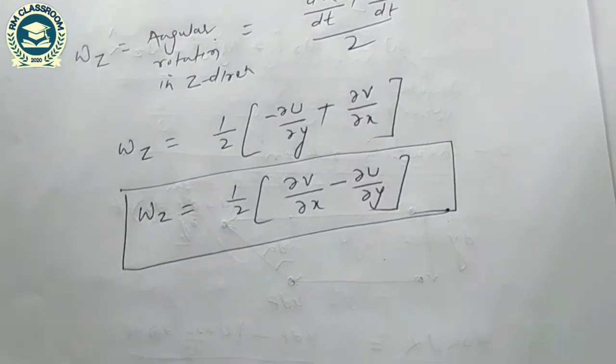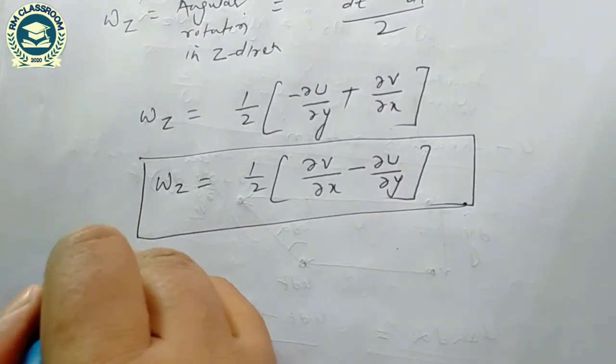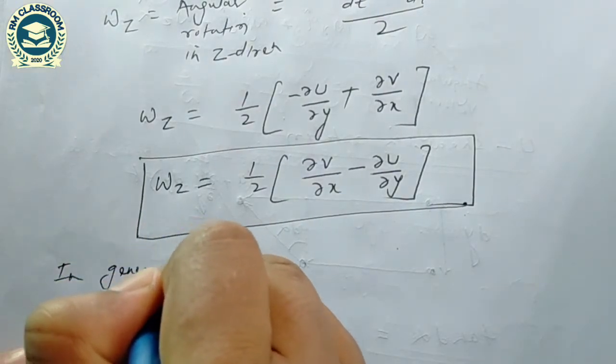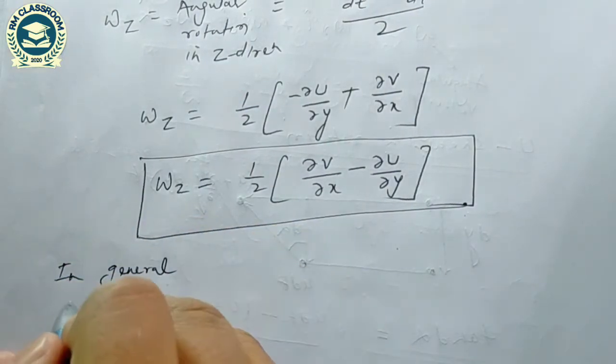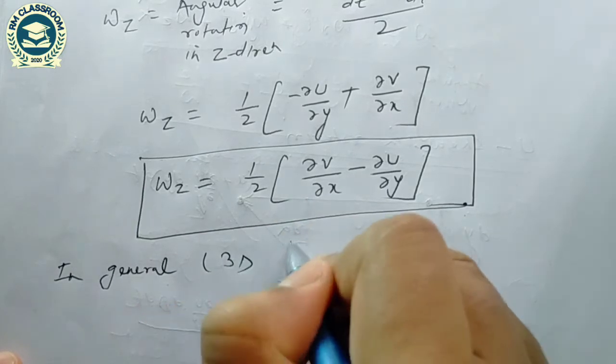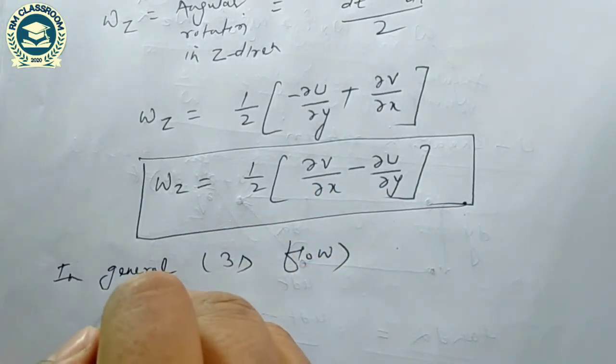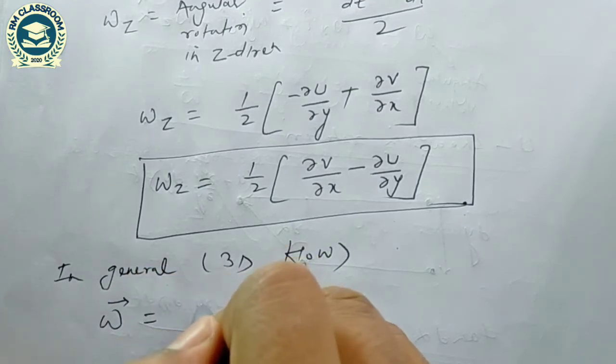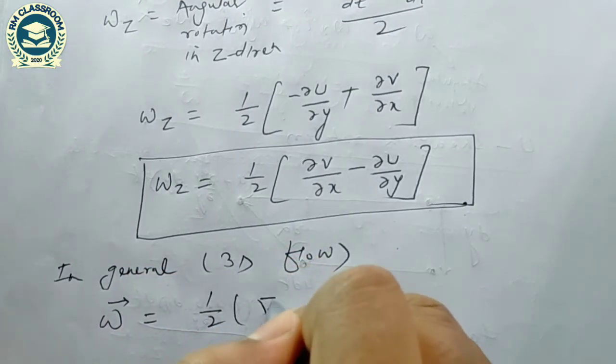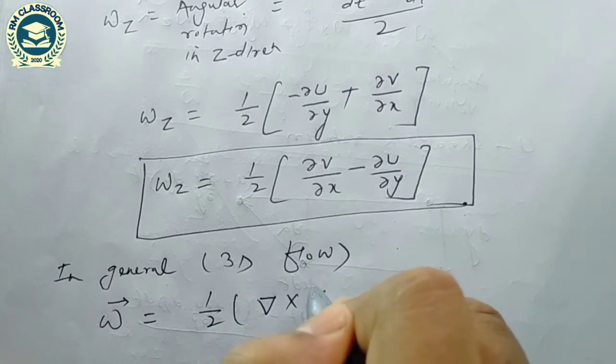In general, for 3D flow, we can write angular rotation is equal to 1 by 2 del cross v.